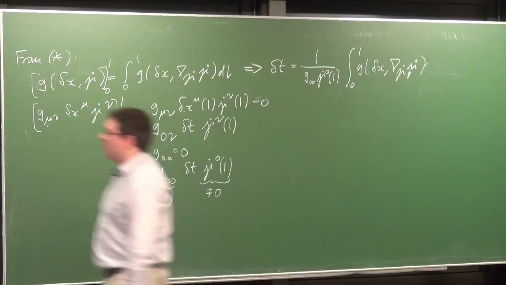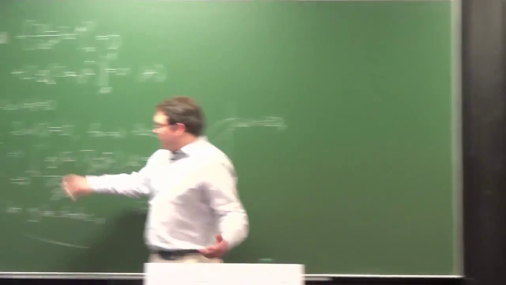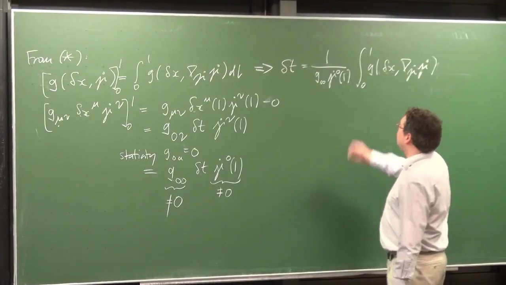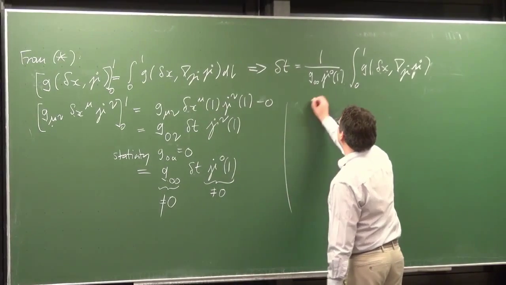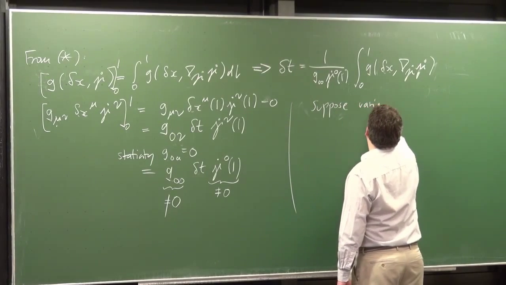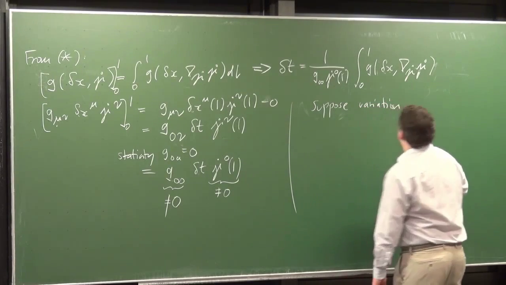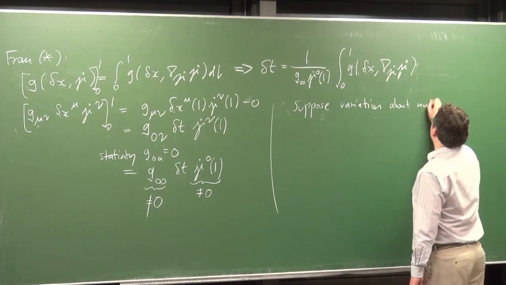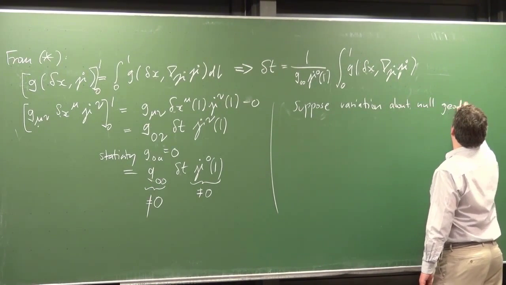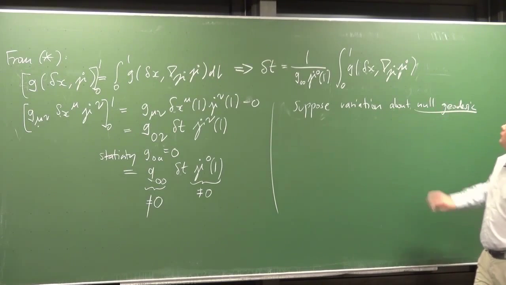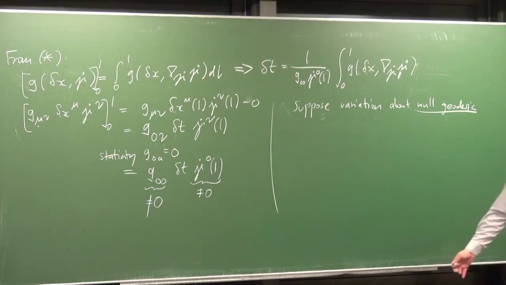Now let's suppose our variation was not actually about any arbitrary null curve, but actually a null geodesic. Well, of course, we have seen from A, or I mean, as you know anyway, that this equation is true. So now for B, suppose the variation was about an actual null geodesic, then of course from star we see that the right hand side just vanishes, right?